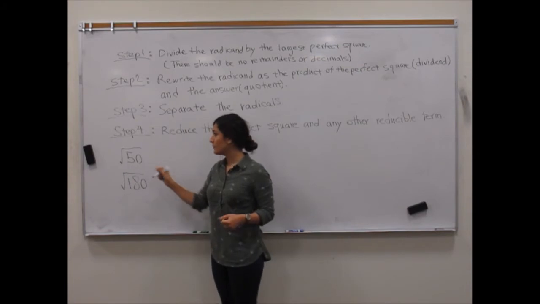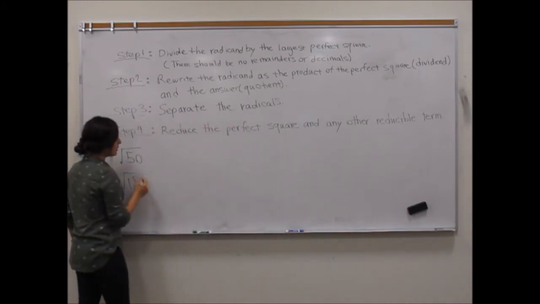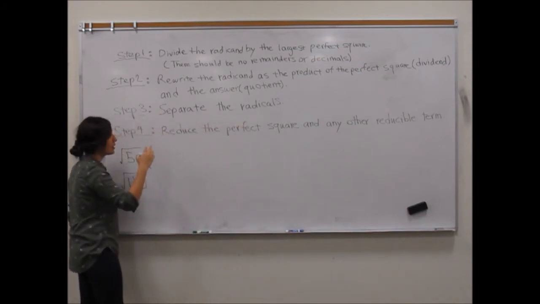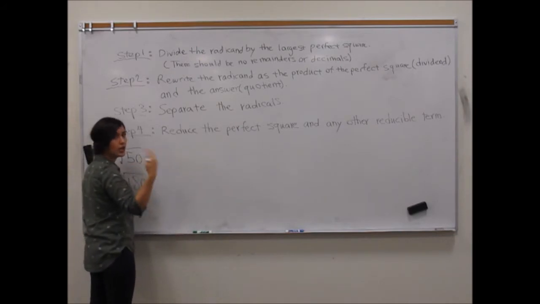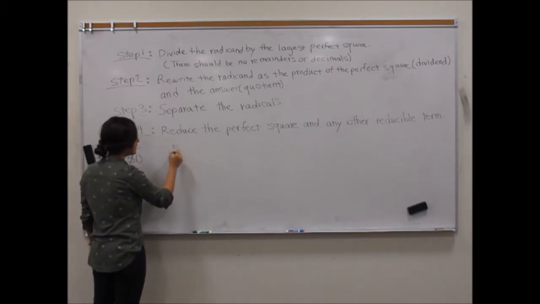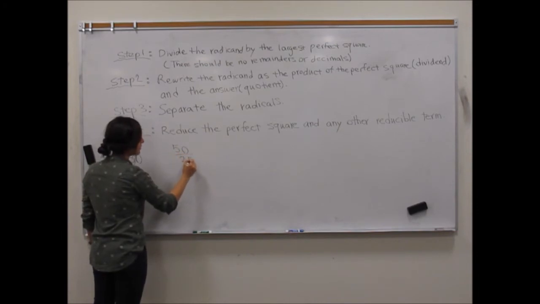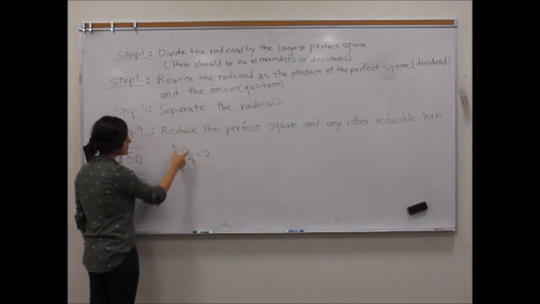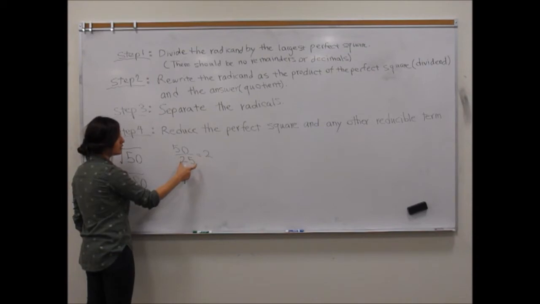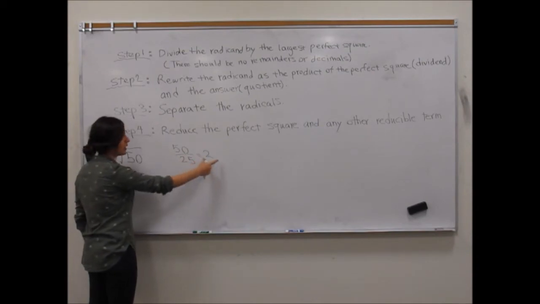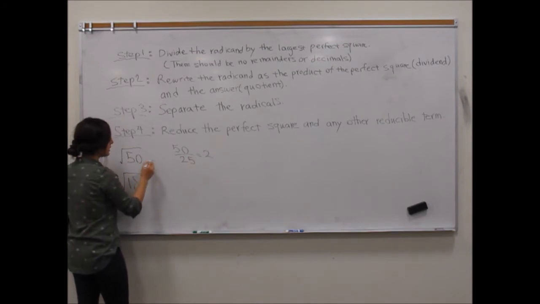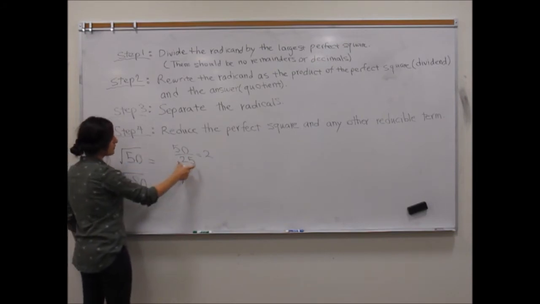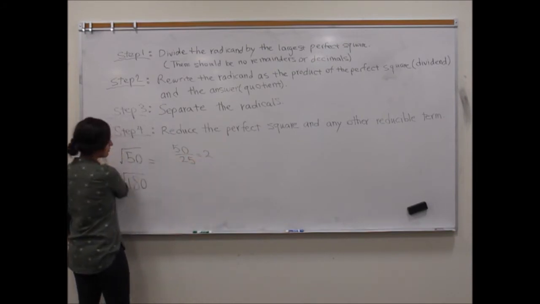For example, rad 50. I know that in step 1, I'm going to divide the radicand, which is 50 here, by the largest perfect square. I know that 50 goes to 25 2 times. So here I'm dividing 50 by 25, which is a perfect square, and I get 2. So I'm going to rewrite the radical as the product of the perfect square and the answer of the division.